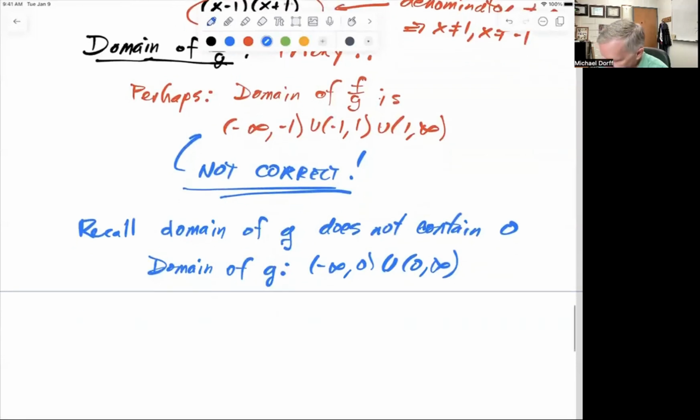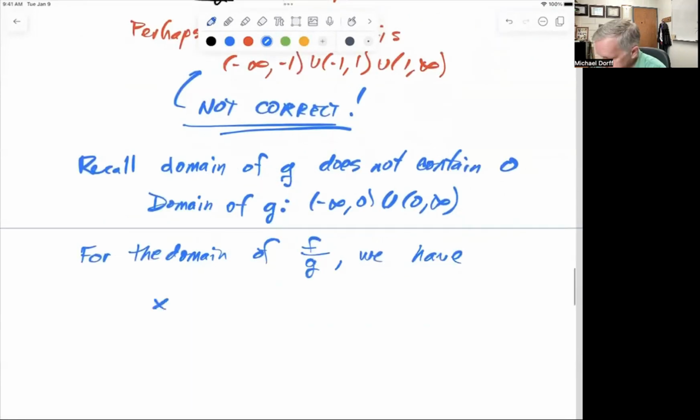So for the domain of f divided by g, we have x cannot equal 1, it cannot equal negative 1, and x cannot equal 0, because g can't have 0 in its domain, and we need that before we start off with a function. Now, some of you may say, well, what about f? We have to also include that.